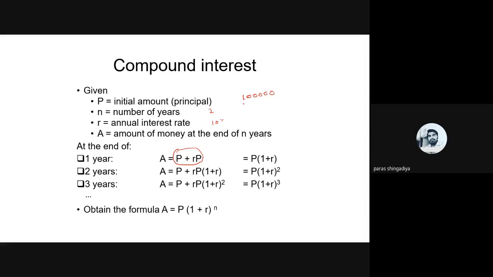For example, we invest this 1 lakh for 10 years, and we check which amount we will get after 10 years, with a 10% interest rate. So let us use this formula here. N is equal to 10, so P is 1 lakh times (1 + R), where R is 10 percent, with the power of 10.